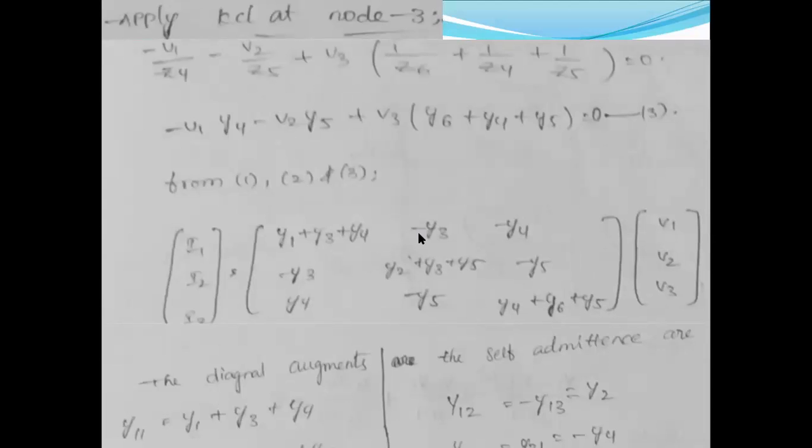Then the off-diagonal elements are minus y3, minus y4, minus y5, and so on. These are the diagonal elements and these are the off-diagonal elements.